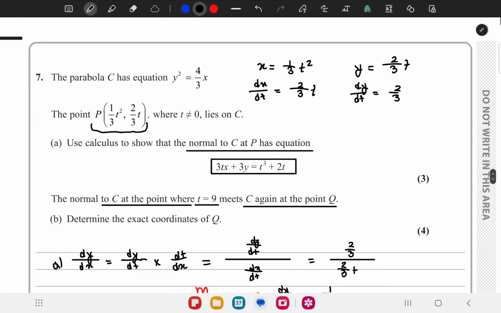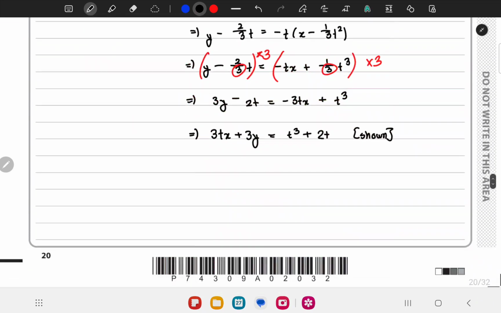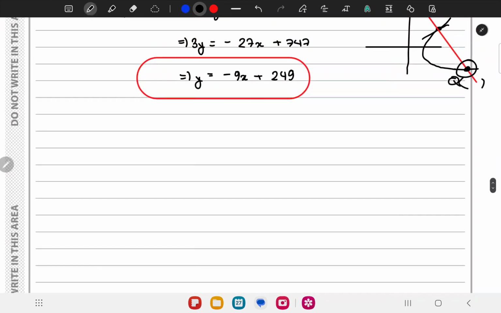Now one thing we could do is, we are given the equation of the parabola, which is y square equals 4 by 3x. So we can take x as the subject, so x would be 3 by 4 y square. We can put that in here.